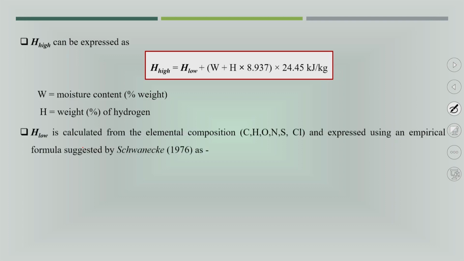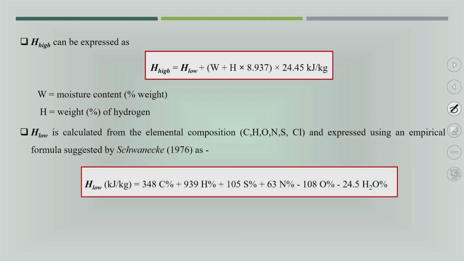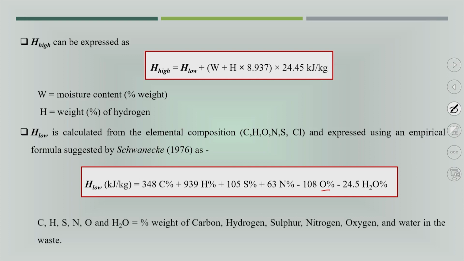And H low is calculated from the elemental composition, CHONS, using an empirical formula: H low equals 348 C percentage plus 939 H percentage plus 105 S percentage plus 633 N percentage minus 108 O percentage and 24.5 H2O percentage. So, these are the percentages of carbon, hydrogen, sulfur, nitrogen, oxygen, and this is water.